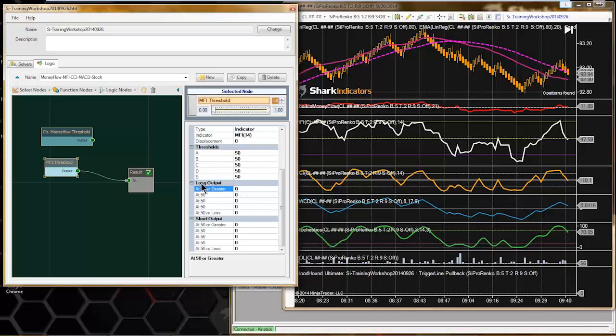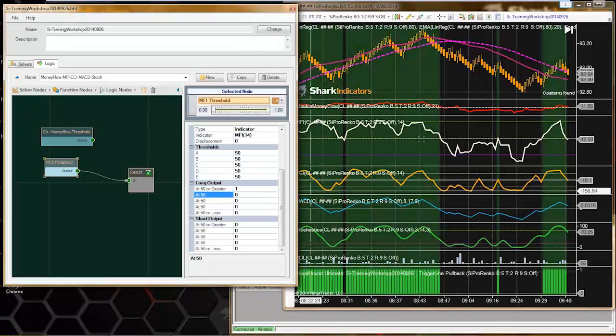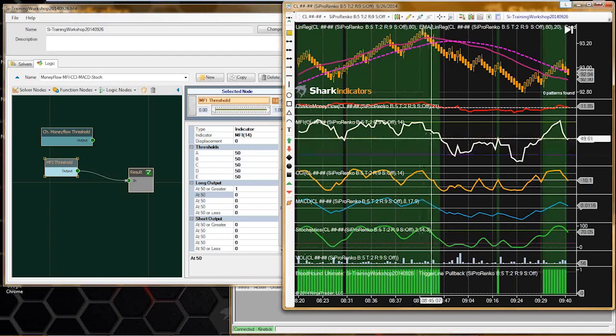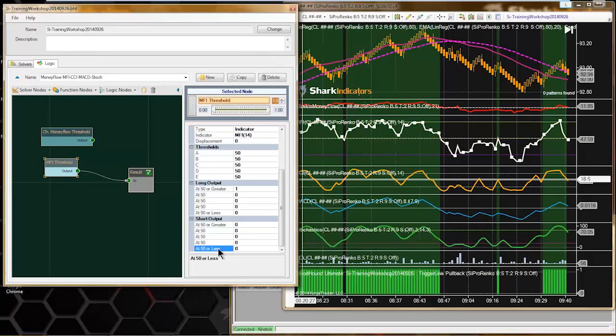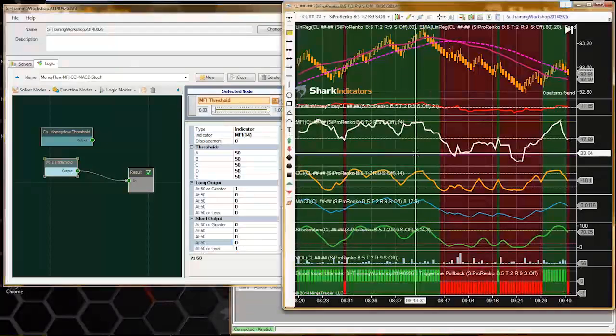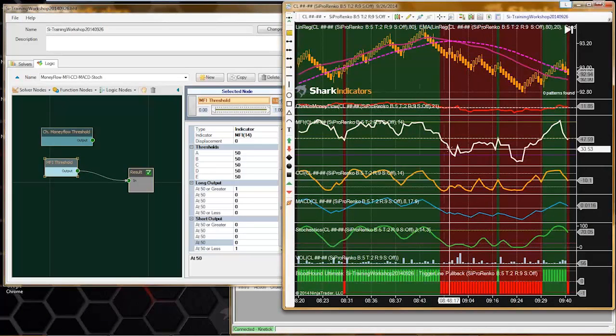So now we want a long output when we're at 50 or greater. Alright, so if we look at the chart, we can see here, whenever the indicator is above 50, we're getting a long output. And if we're at 50 or less, right, we're going to want a short output here. Like so. There we go.